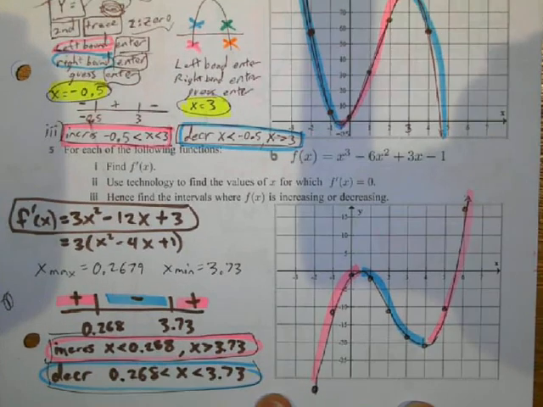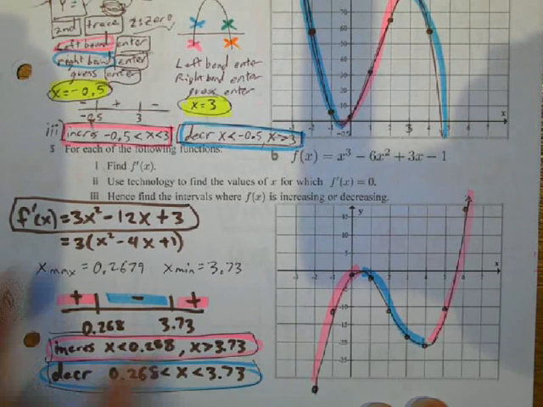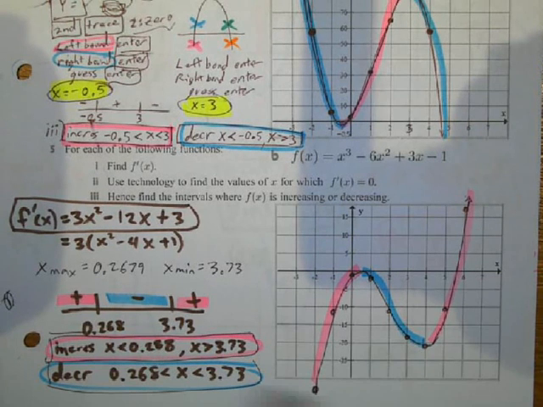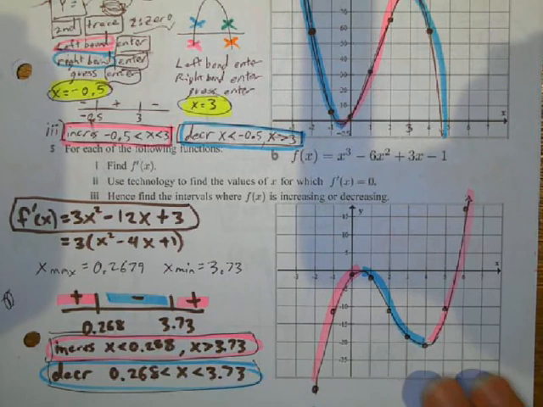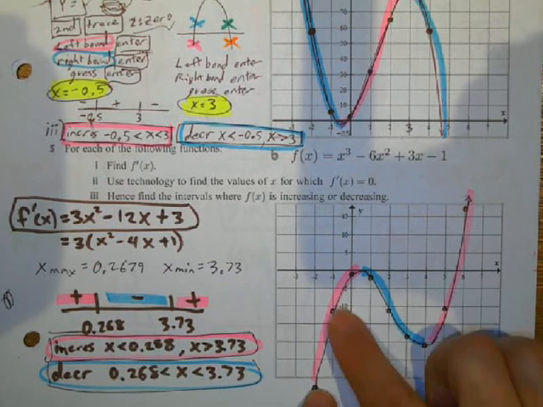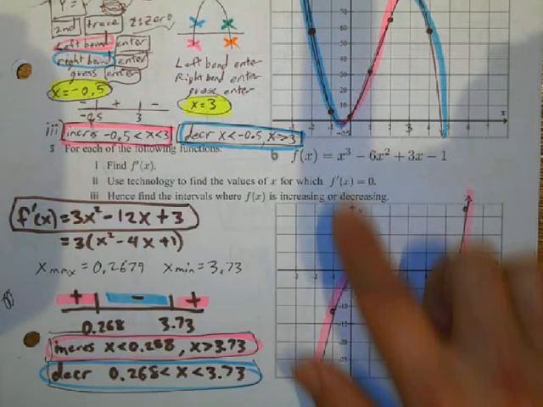Same thing for this one here. I took the derivative, I factored out the 3, but that really didn't help because to figure out these here, I could do the derivative. Now another thing we could have done is figure out this point by graphing the original function.